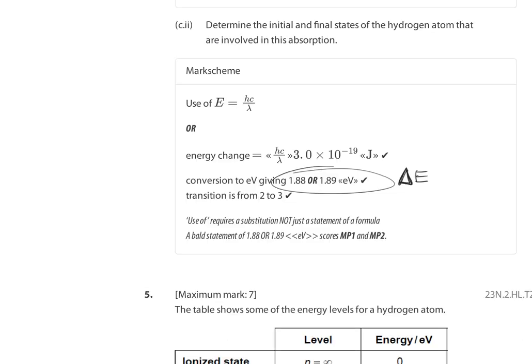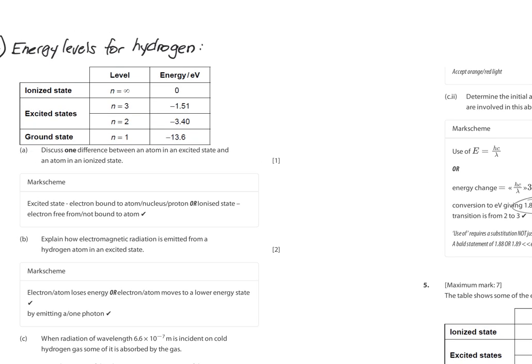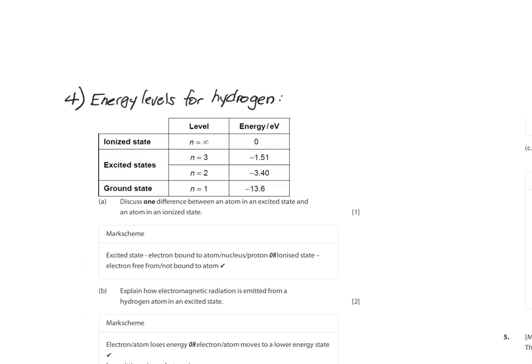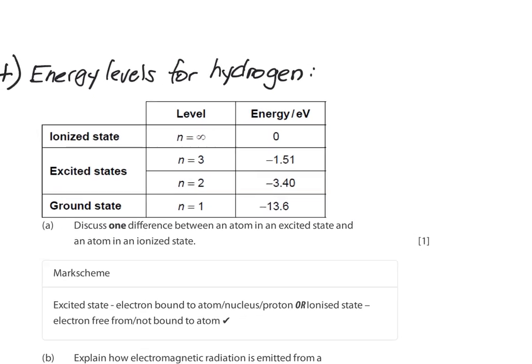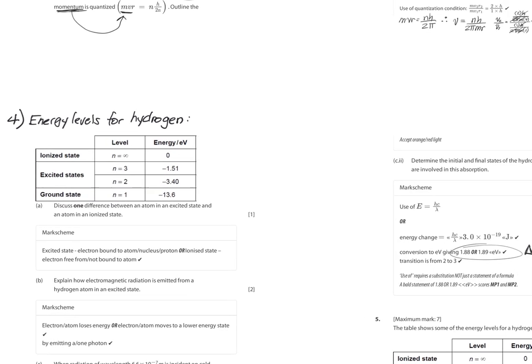And if that's the change in energy, you've got to figure out, based on the chart, which levels will get us 1.89 eV. And it's not from 3 to the ionization level or from 1 to 2, but from 2 to 3.